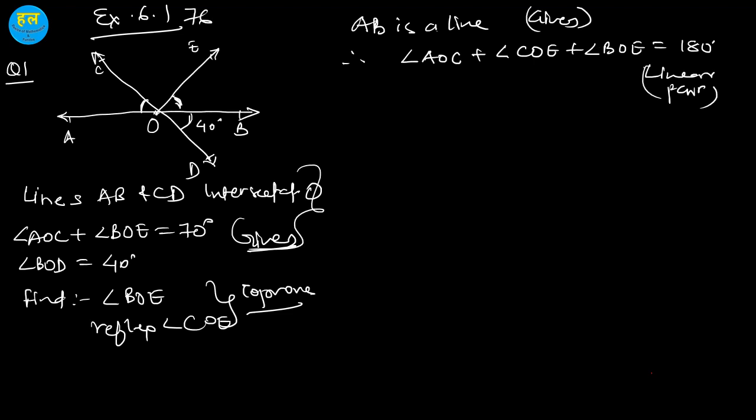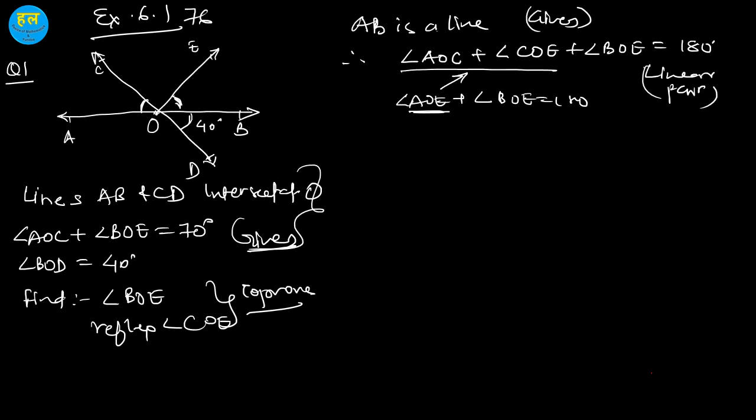How do we make it linear pair? Because we can write angle AOE plus angle BOE is equal to 180 degree, and we can break this AOE into AOC and COE. That is why this is the linear pair.